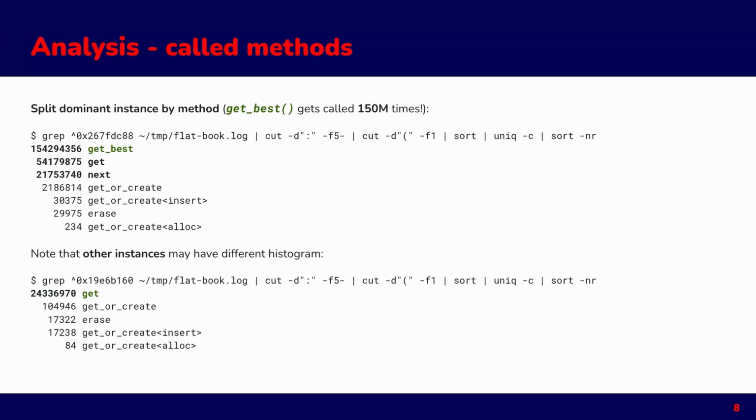And here is what is actually called most. So I split the log based on the method name. You can see that most of the calls is the get best method. It means that we are directly jumping to a best level. So that's interesting because the lookups themselves are much less frequent.